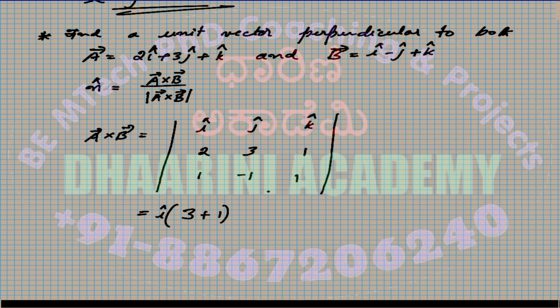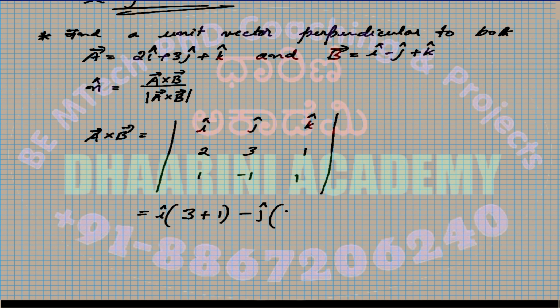Then it is minus j cap into, the second term is always negative, 2 into 1 minus 1 into 1, which is 2 minus 1.